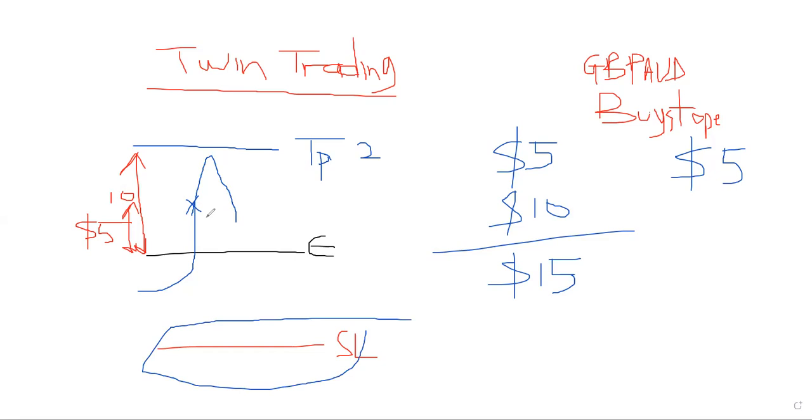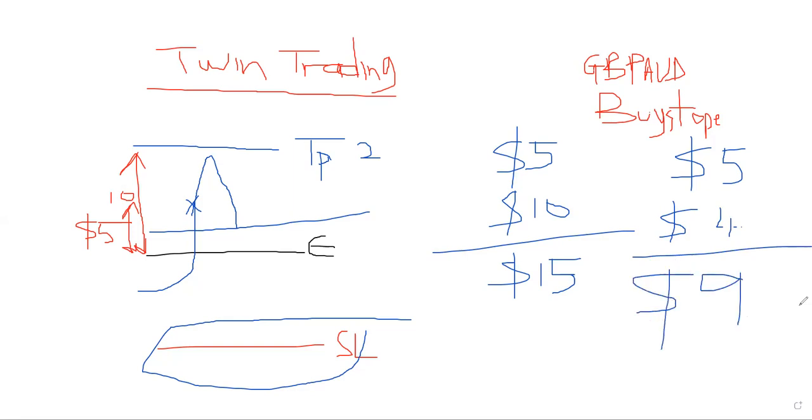So once you move this your stop loss, you put here. If this one now comes to hit here, you might just have maybe $4 registered, which is not bad. It's still a way of managing your money. So you have $9 here. So this is how to trade.